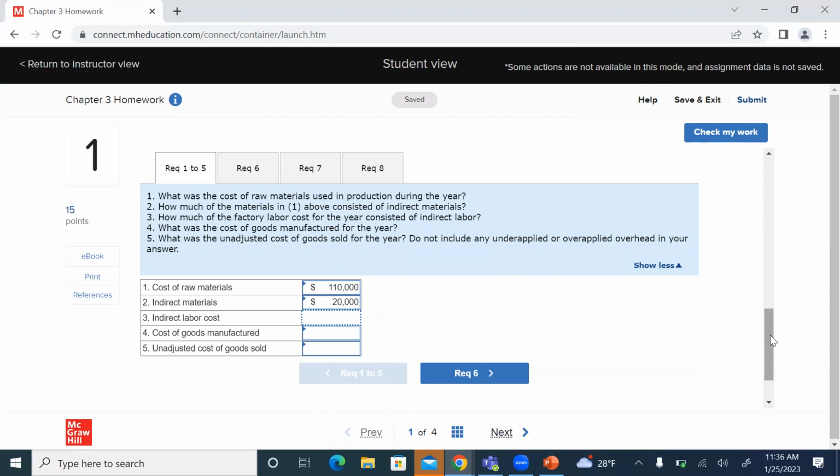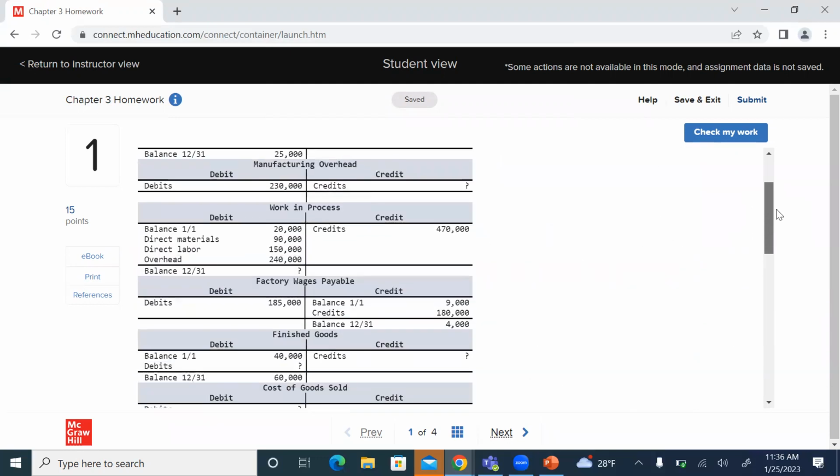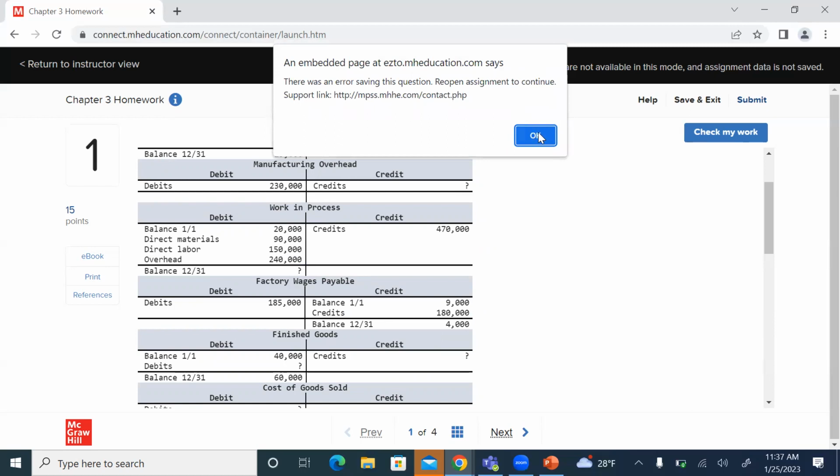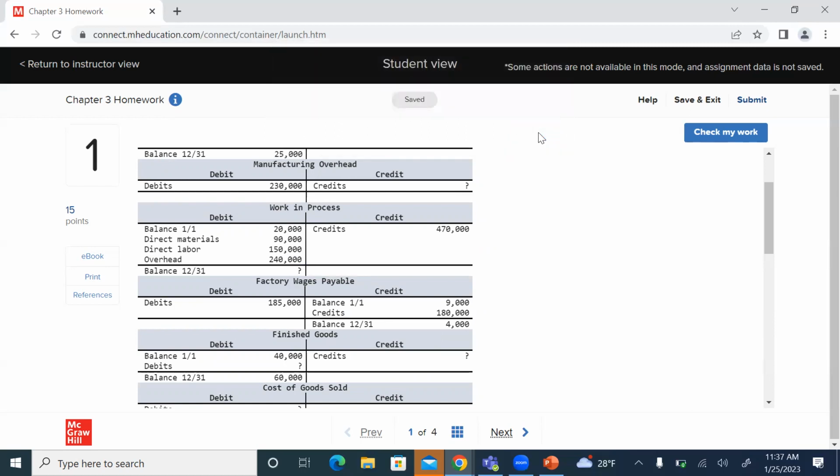Let's look at indirect labor costs. What were the direct labor costs that went into the jobs? 150, right? So what would the indirect labor costs be? Do you see here how we credited 180? If we know 150 went into the work in process, wouldn't our indirect labor cost be 30,000?